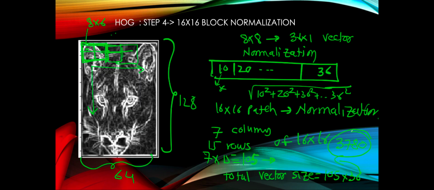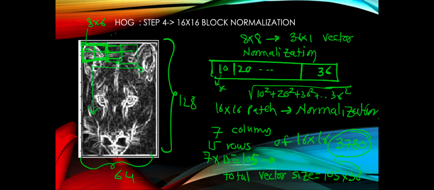Again, let me repeat. We have an original image size of 64 by 128. We compute a patch of 16 by 16 block. For each 16 by 16 we compute a 9 bin vector, which means it will become 36 because there are 4 8 by 8 blocks in it. And then we move the area one row and one column at a time, from left to right and from top to bottom.